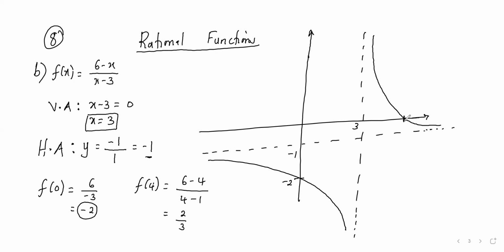I equate the numerator to 0. So we'll find negative x equal to minus 6, meaning that x equal to 6. So that is 6 there. Remember, to find the x-intercept you equate the numerator to 0. To find the horizontal asymptote, you are checking the powers of x. To find the vertical, you equate the denominator to 0. And that's how you sketch your graph.